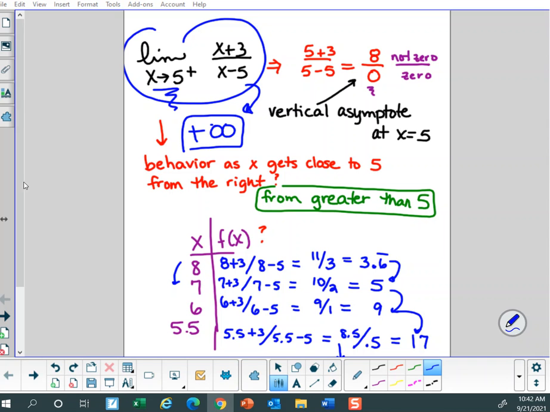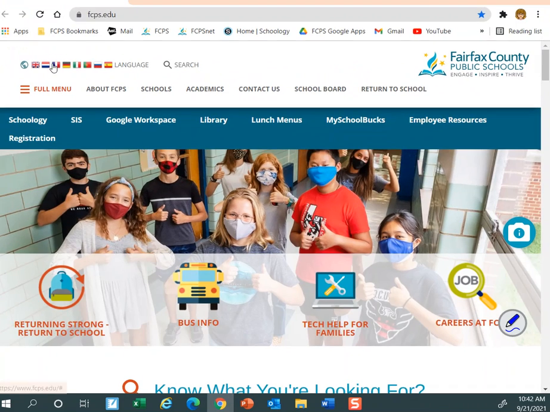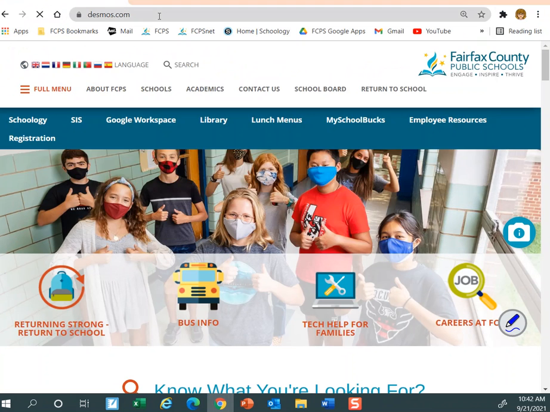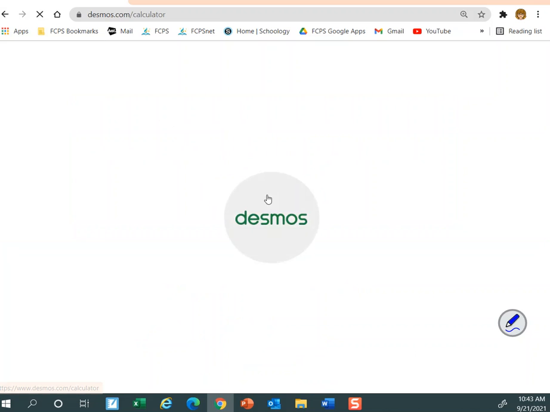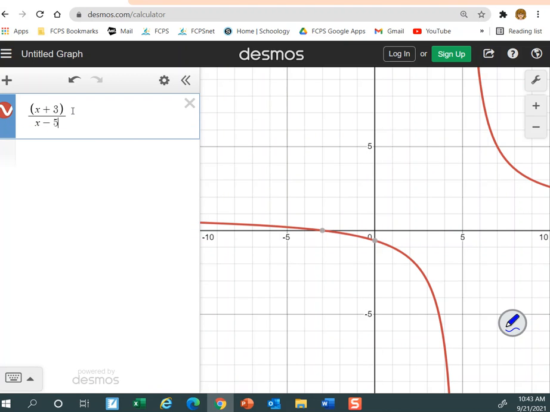Now, let's get real for a second. When I have a function that's relatively easy to graph, and I've got a tool to graph it, it's very easy to generate that exact same result.